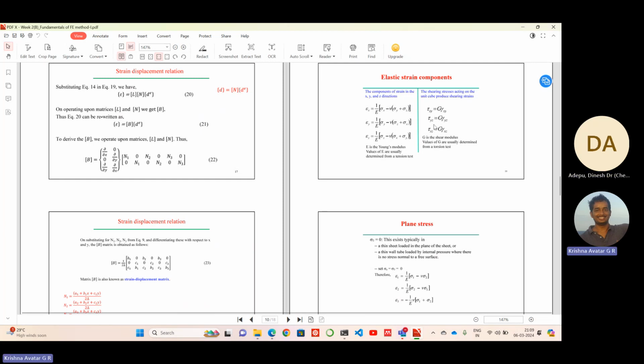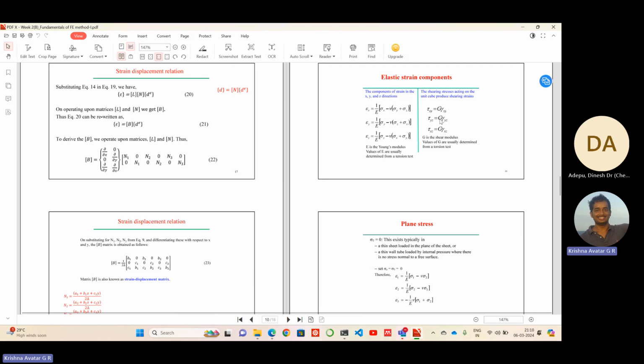And we also assume that in the simplest linear elastic model, a linearly elastic isotropic homogeneous medium, we require just two coefficients, E and nu. In that, we assume the shear stress does not affect the longitudinal strain, and longitudinal stress does not affect the shear strain.